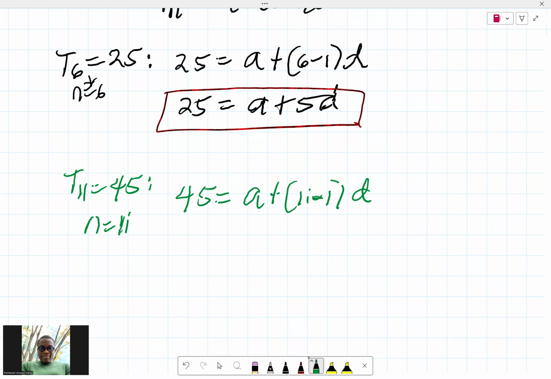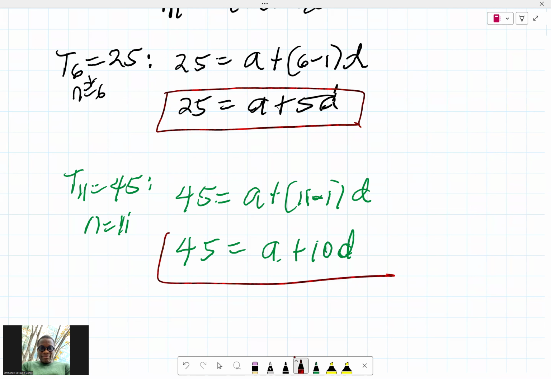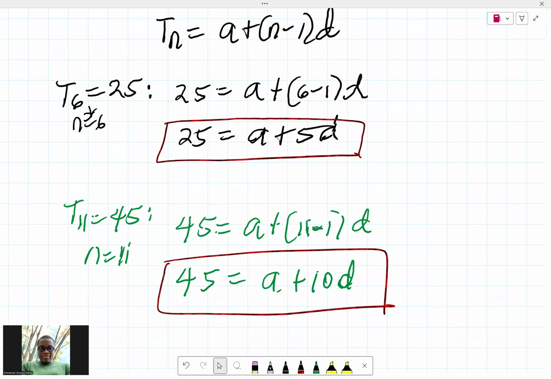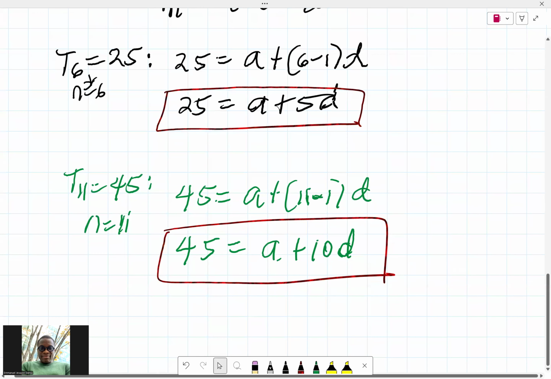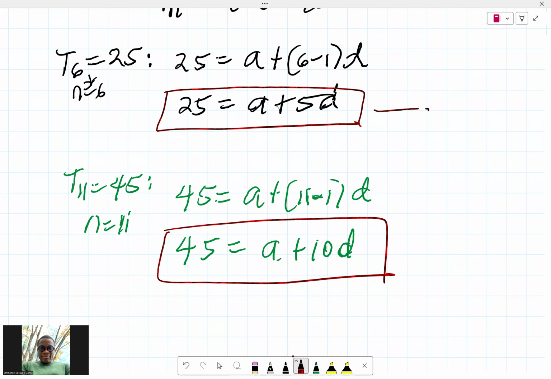So you have 45 equals a plus 10d. Now you have another equation. With these two equations, we can find a and d, and once we get a and d, we are good to go. Feel free to call this equation 1, and this equation 2.